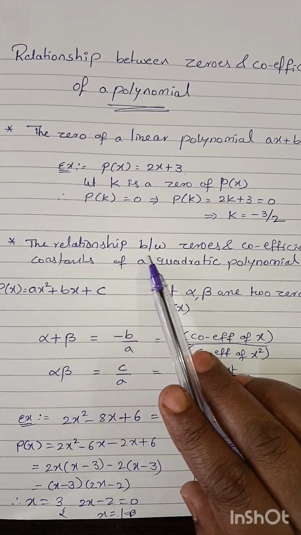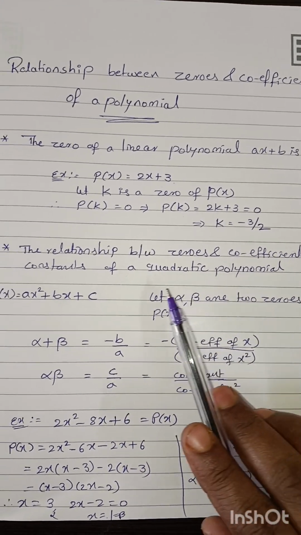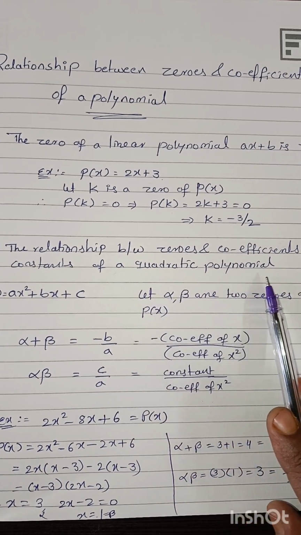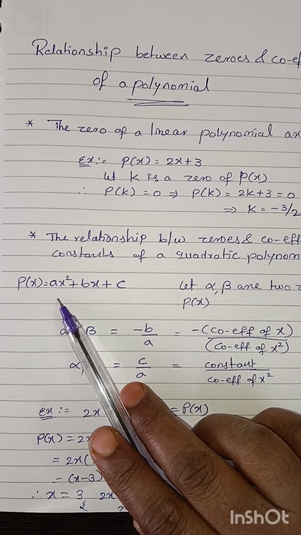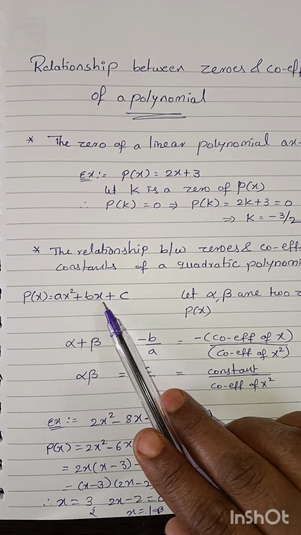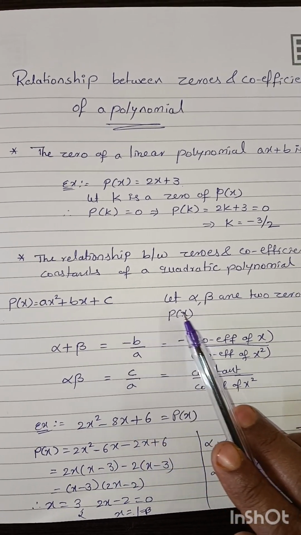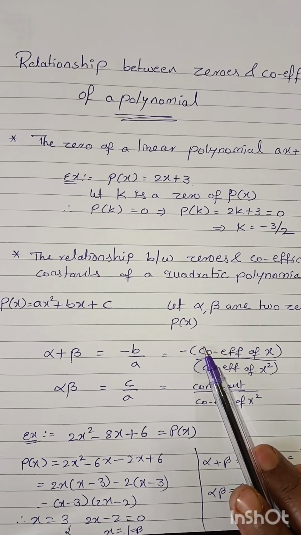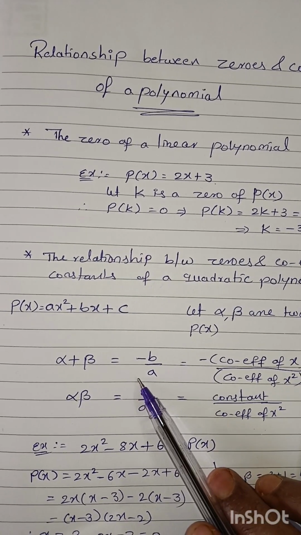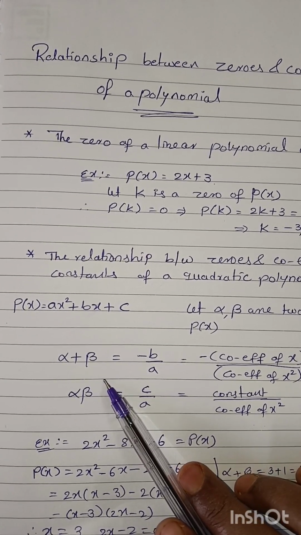Next, the relationship between zeros and coefficients and constants of a quadratic polynomial. Quadratic polynomial p of x equal to ax square plus bx plus c. Let alpha, beta be the two zeros of p of x. Alpha plus beta equal to the sum of the zeros.